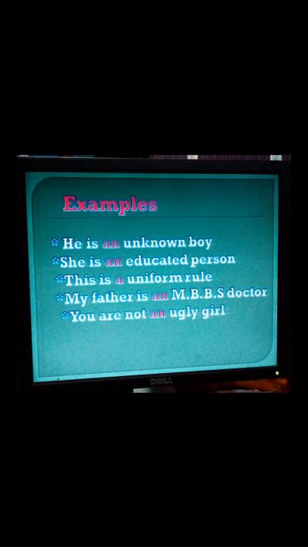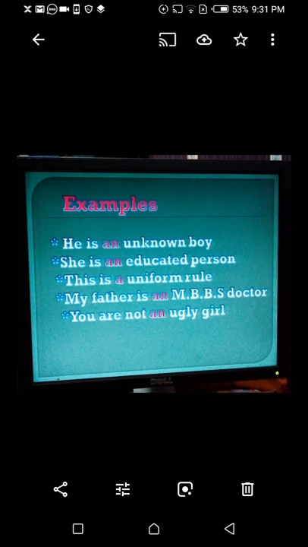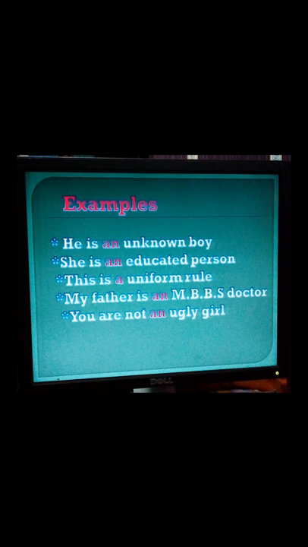My father is an MBBS doctor. MBBS, M is a consonant, but the sound is coming from e. M is giving the sound of e. Whenever you get a, e, i, o sounds, you have to put an, otherwise with a consonant you have to put a.